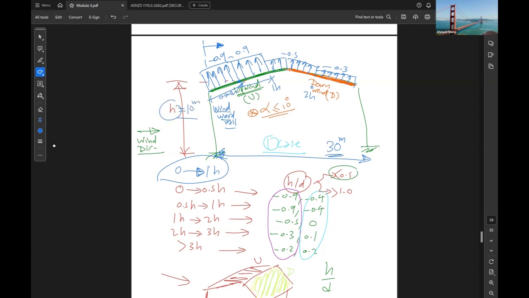So we have only from 0 to 3H, so 0 to 30 meters, which is 3H. If we have more than 3H, you can take it as negative 0.2. So again, for the roof, we have non-uniform pressure, or a non-uniform Cp shape. Okay, so this is our first case.